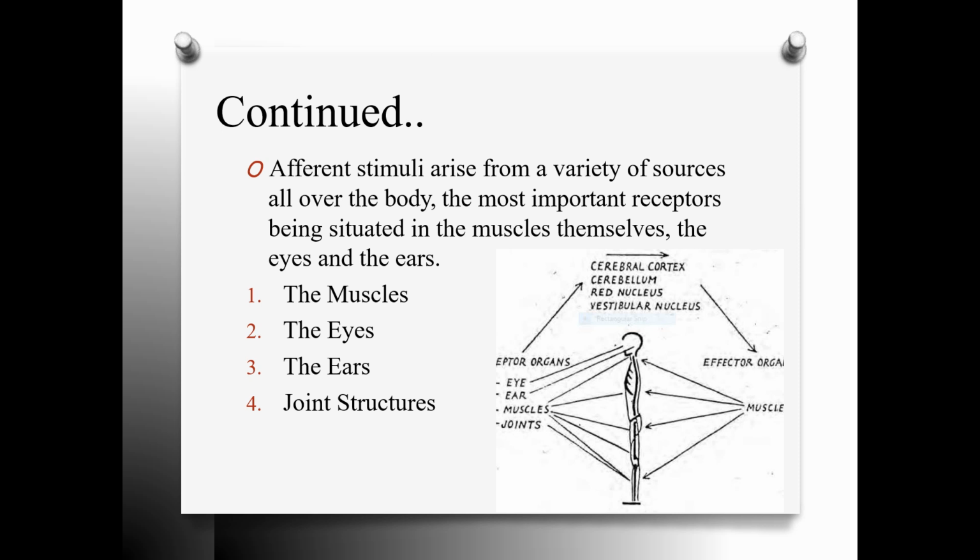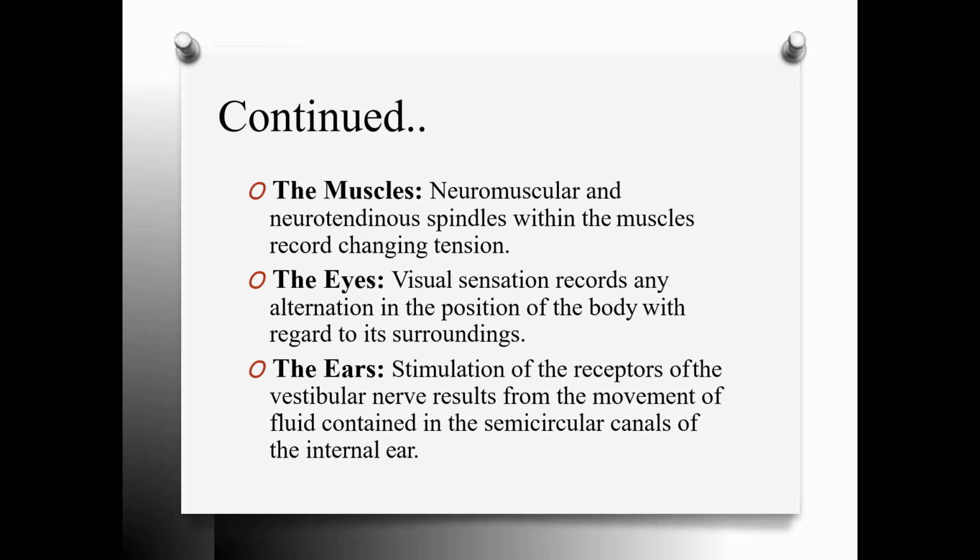Afferent stimuli arise from a variety of sources all over the body, the most important receptors being situated in the muscles themselves, the eyes and the ears. The muscles, the ears, the eyes, and the joint structures, together with the cerebrum, cerebellum, and vestibular nucleus, form the afferent and efferent pathways. In the muscles, the neuromuscular and neurotendinous spindles record changes in the tension of the muscle.